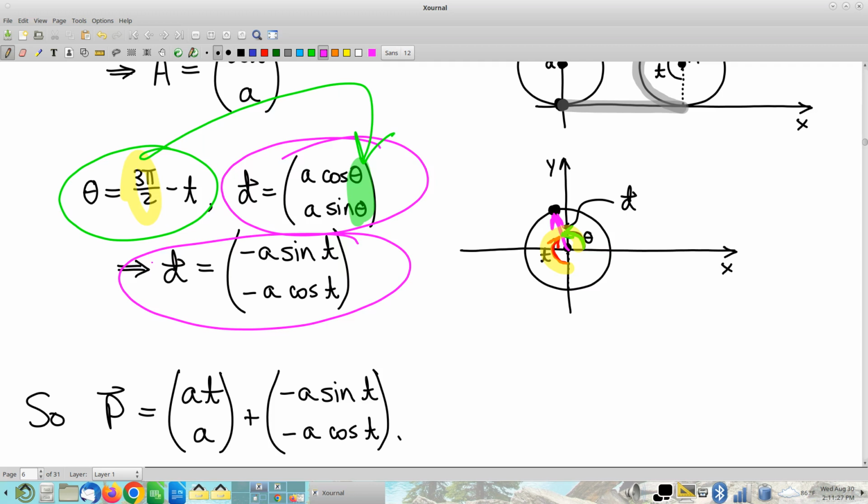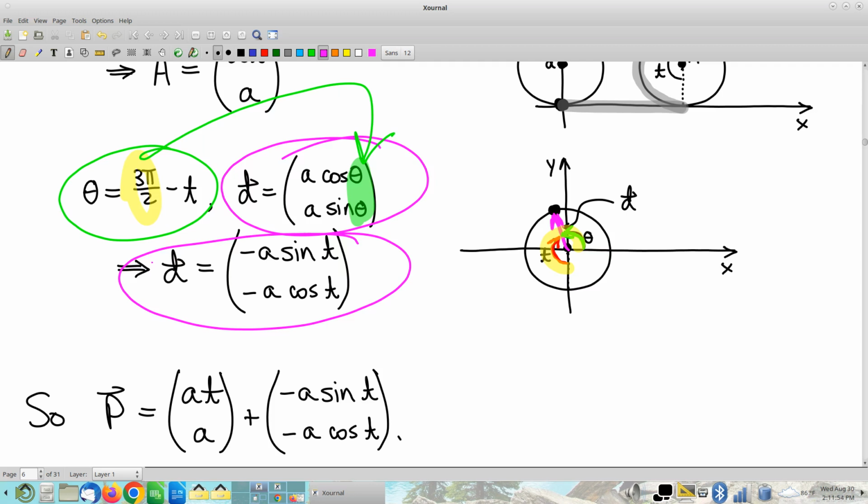If you reinterpret sine and cosine in terms of the unit circle, where theta is just an angle measured going around the unit circle, then all we have to observe is that this point is a distance a away from the origin, and sine and cosine give the position on the unit circle, and you multiply by a to get on this bigger circle.